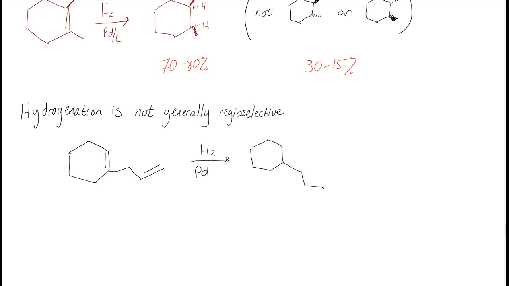So it's very difficult to say, I only want to reduce this one alkene. Generally, if you're going to do reduction on a compound, it's going to reduce all the alkenes.